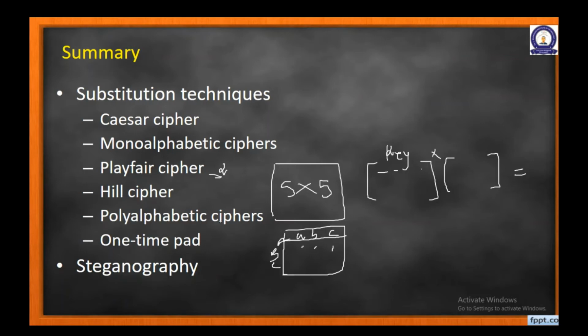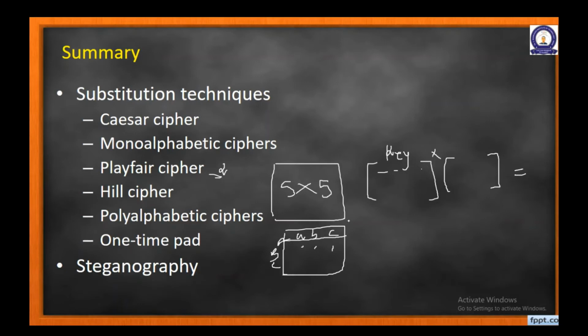Then you have steganography. When we started, I already told you the difference between cryptography and steganography. The main idea behind steganography is that you want to hide the message. Nobody should come to know that we have hidden a certain message, whereas in cryptography, the encrypted message is known to everybody.